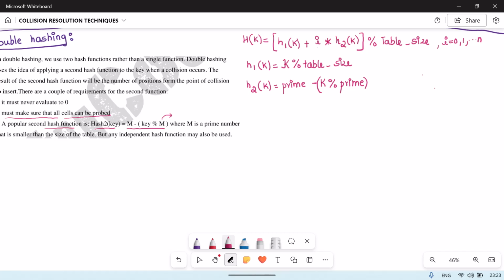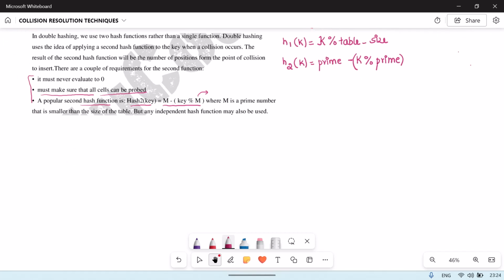Whereas H2 of k is prime minus k mod prime, this one prime number. Okay, I'll take up an example. Assume the table size is 10.